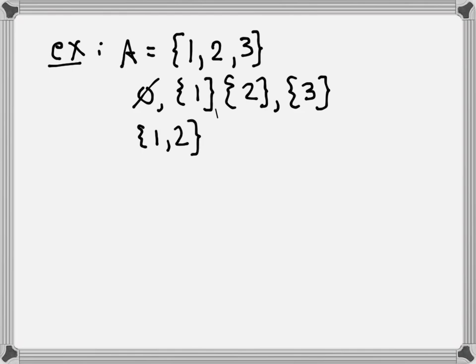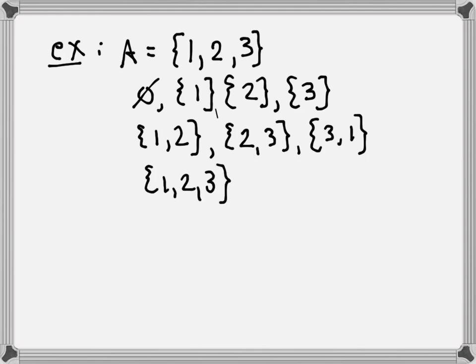So again, everything in that set is in the set A. What else? 2, 3. Somebody else said something. 3 and 1, or 1 and 3, either way, yep. There's one more. 1, 2, 3. Again, remember the language. Everything in that set 1, 2, 3 is in the set A. Right. They're equal. I get it, but everything still follows the definition, so it is a subset of itself.